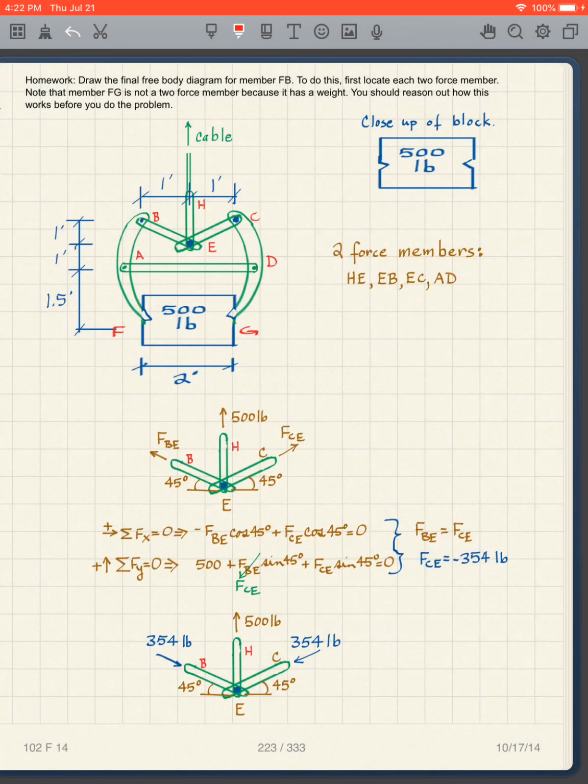And I solve for FCE, it's minus 354. And of course, that's the same as FBE. So when I draw the final free body diagram of this, I flip the arrows around and I have 354 compression, 354 compression.